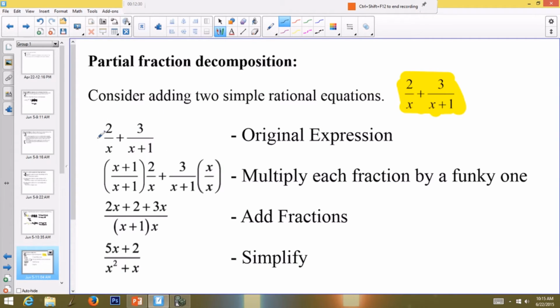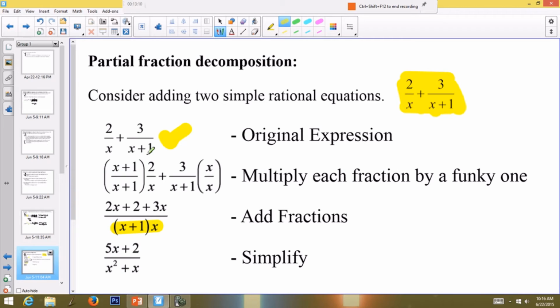So when I take this original expression, I'm going to multiply this first fraction by a funky 1. It's x plus 1 over x plus 1. I'm going to multiply the second fraction by x over x. Now what that does is that makes the denominator in both instances x plus 1 times x.